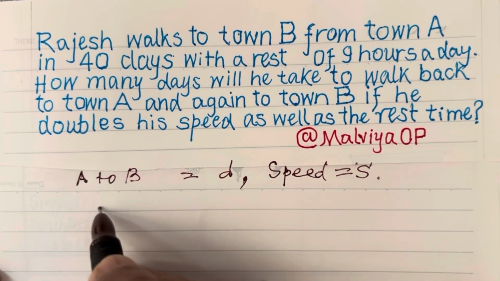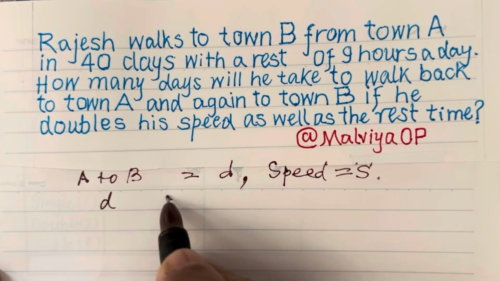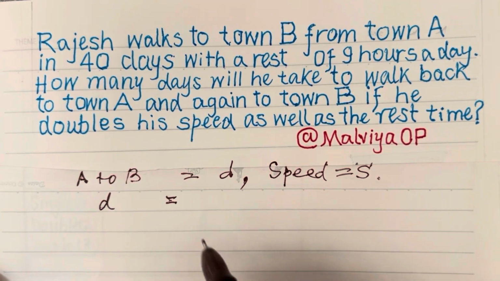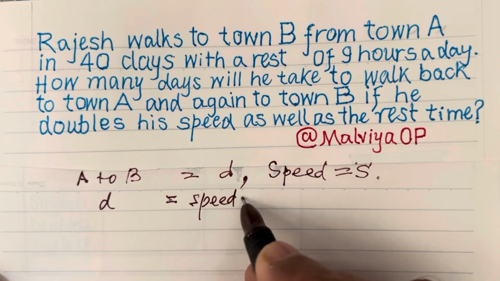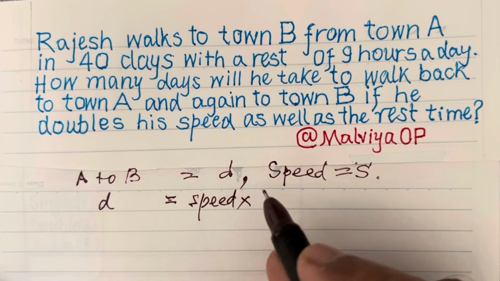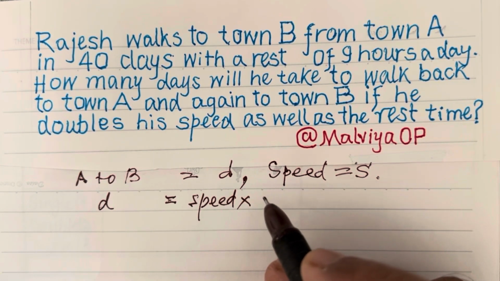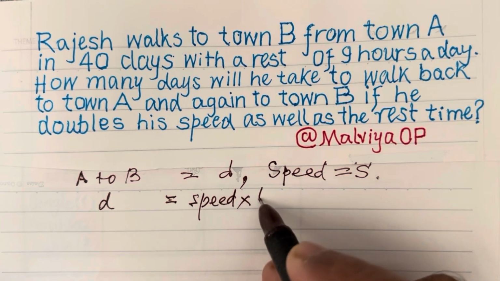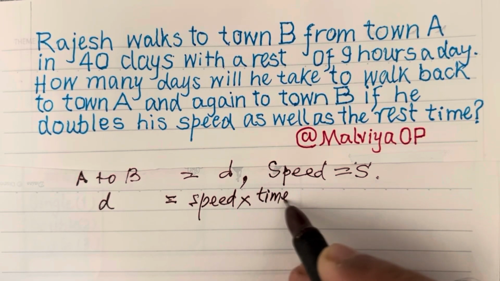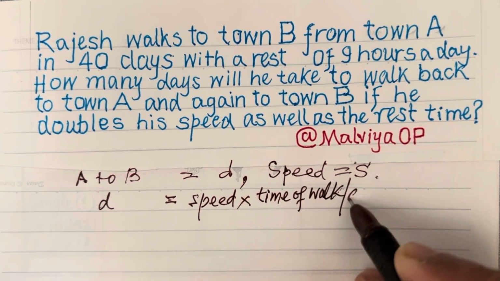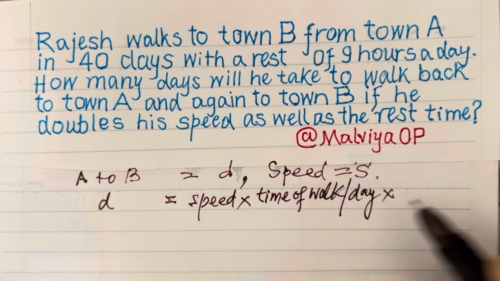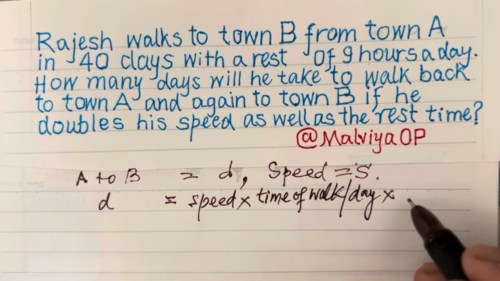So we can write distance D equals the speed of walk multiplied by the time of walk per day, and multiplied by the total number of days taken for the walk.